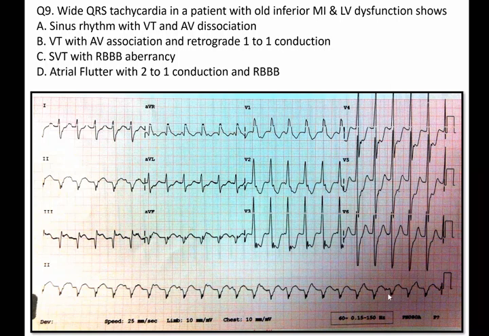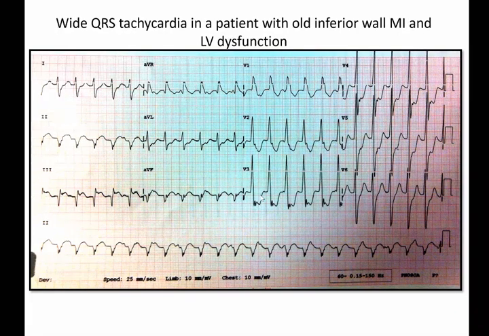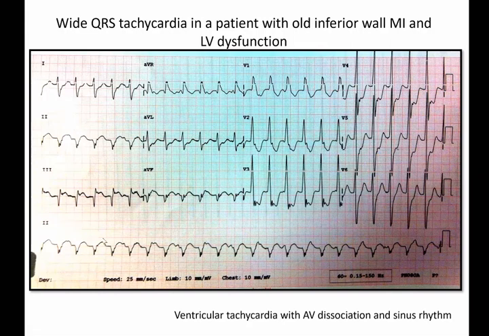There is only one deflection which suggests that possibly this may be a fusion beat. Otherwise, there is no capture or fusion beat except possibly this last but third QRS complex. So this is a wide QRS tachycardia due to ventricular tachycardia in a patient with old inferior wall MI with AV dissociation. The atrial activation is through the sinus rhythm, and ventricular activation is through the ventricular tachycardia focus.